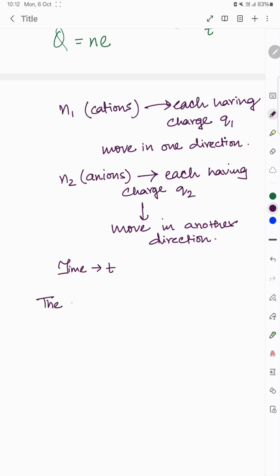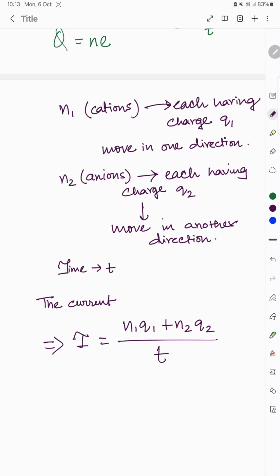The current, write within bracket the current in the direction of the motion of cations, is equal to I is equal to N1 Q1 plus N2 Q2 by T. Okay, never forget this formula. So many numericals can come when you have to use this particular formula.